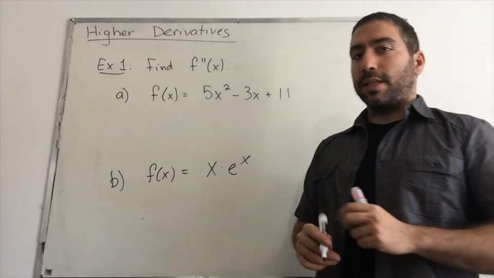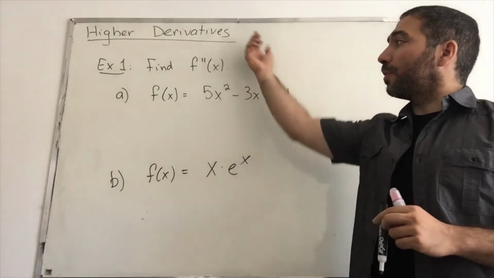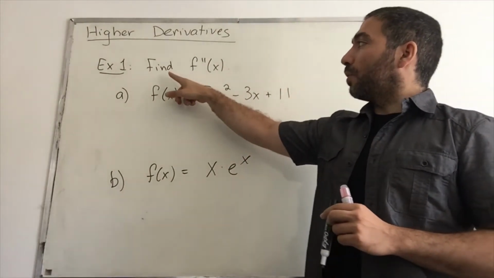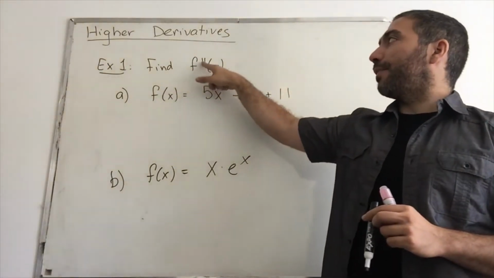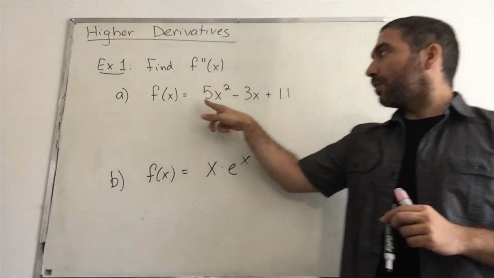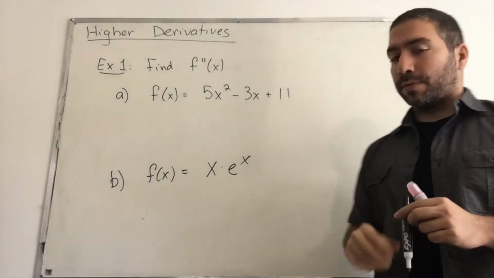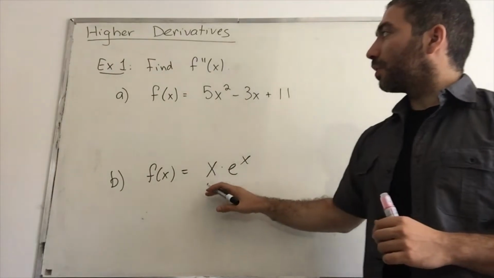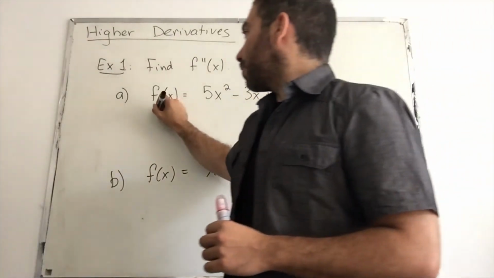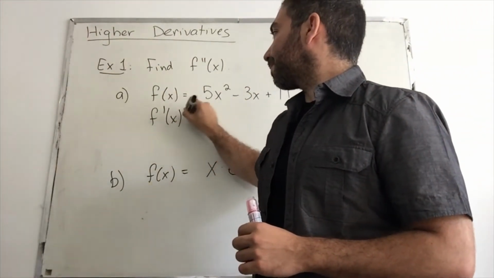Okay, so let's take a look at these examples over here. The first example, for A, we're asked to find the second derivative, f double prime of x, given f of x is equal to 5x squared minus 3x plus 11. So let's go ahead and do the first derivative. This is simple.